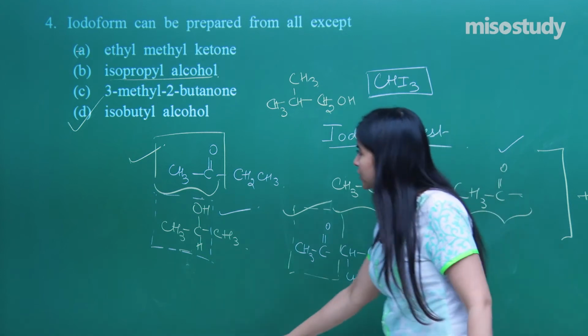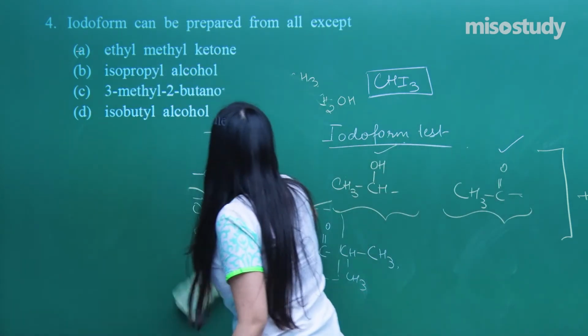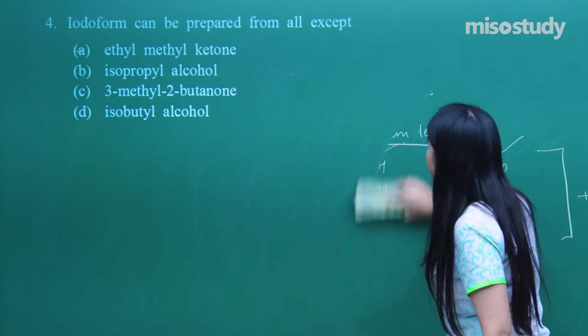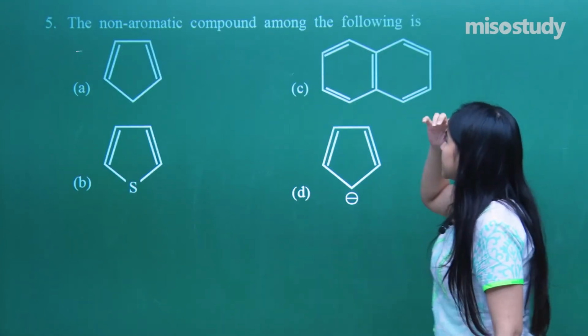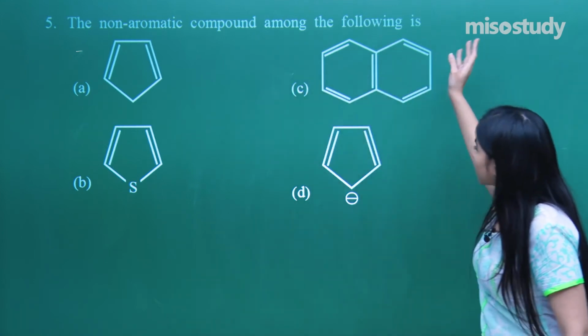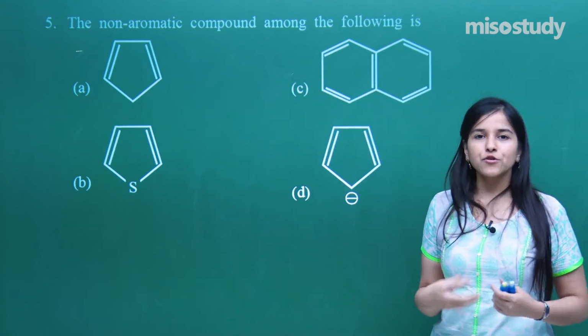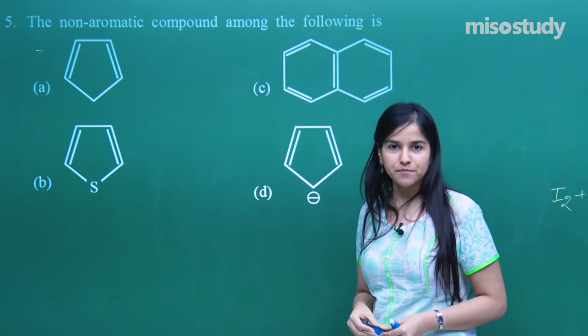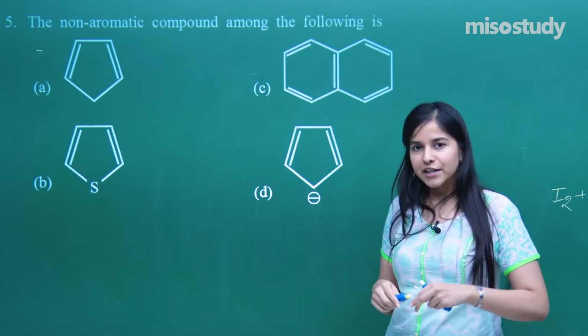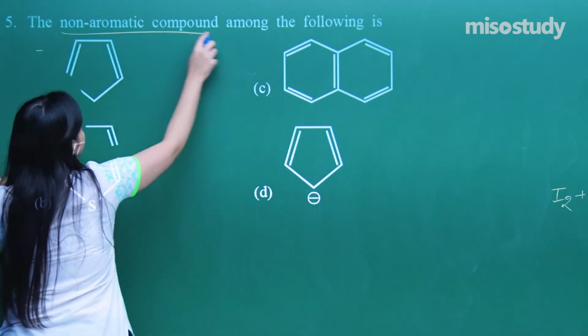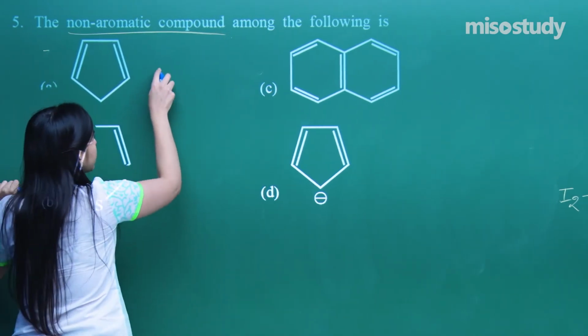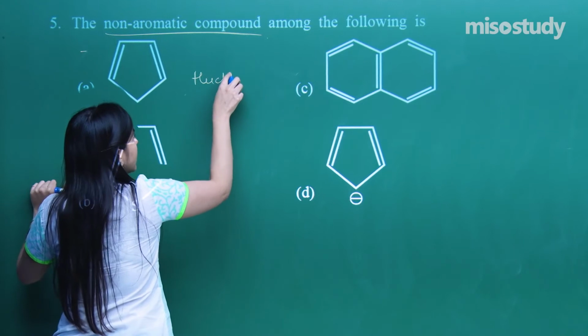So let's move on to the next. What is the next question? The non-aromatic compound among the following is. So how do we find out what non-aromatic compounds are? I need to check Huckel's rule.